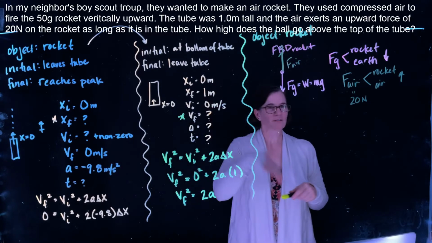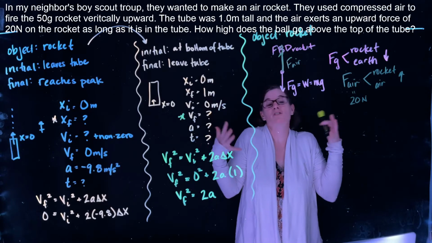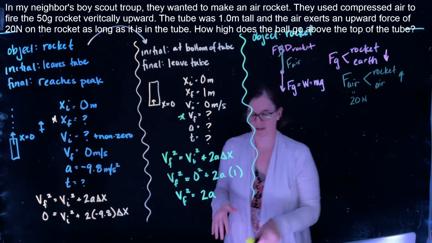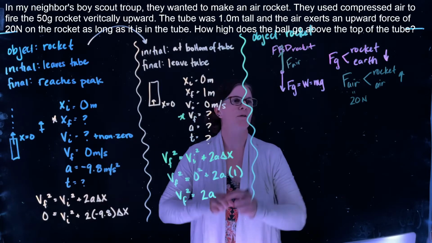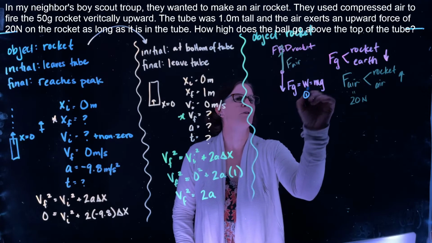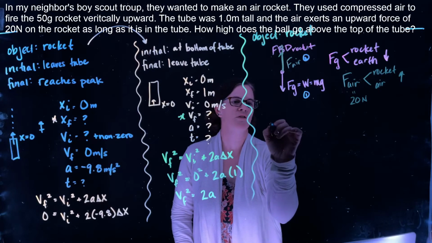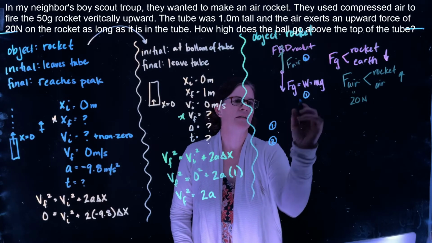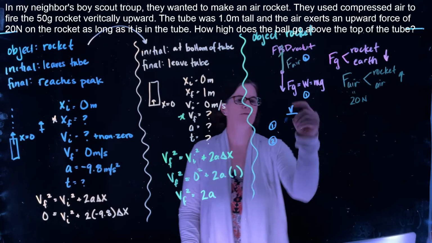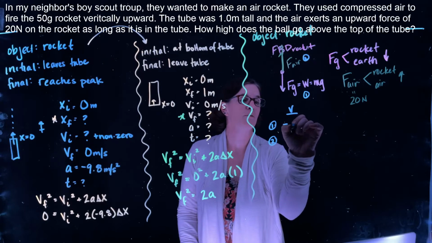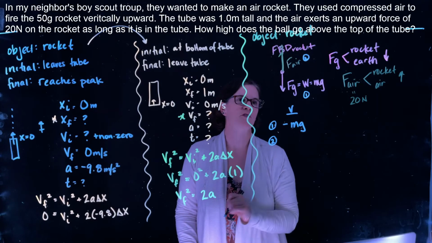Now we're only interested in the vertical motion, so we're going to assume for this problem that there's nothing really happening on the side. So I'm going to identify my forces, force 1 and force 2. No horizontal, so we're just going to look at the vertical forces. Force 1 is pointing in the downward direction, so that's minus mg.